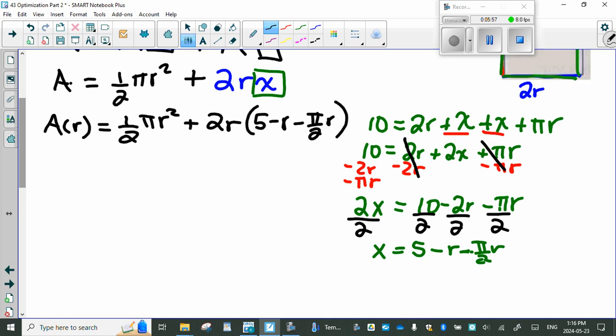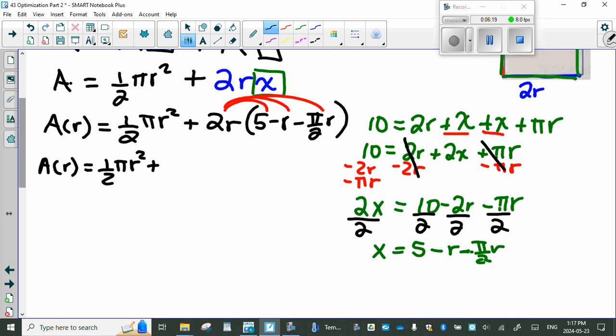So I'm going to distribute this. Clarify, is the pi and the r in the numerator over 2? Yep. But you can just split the r as kind of to the side.